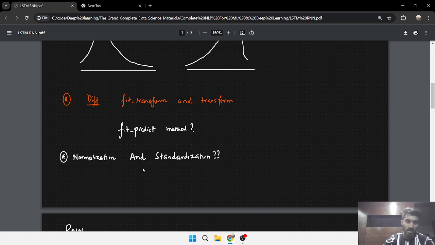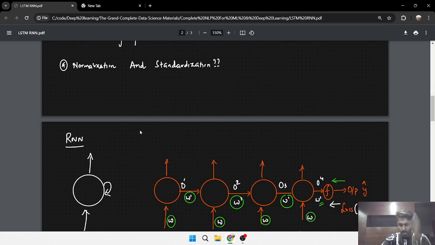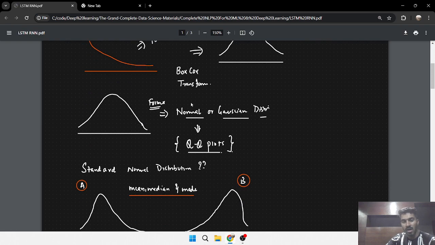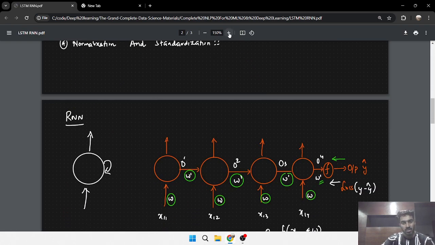If you apply standardization, your data set will have mean 0 and standard deviation 1. That's it for normalization and standardization. These are some questions related to statistics.